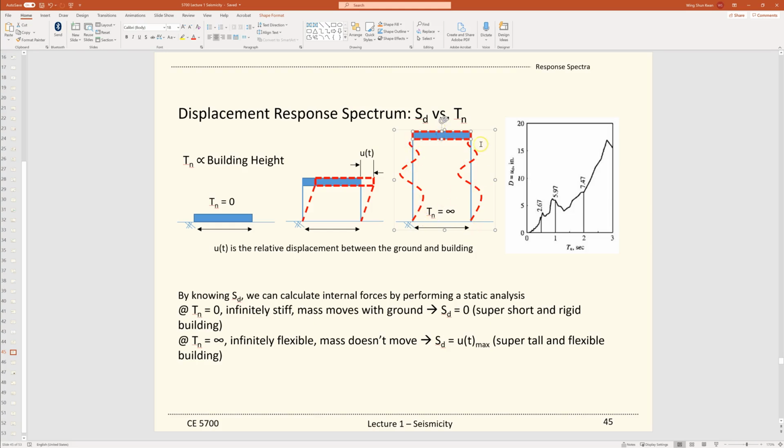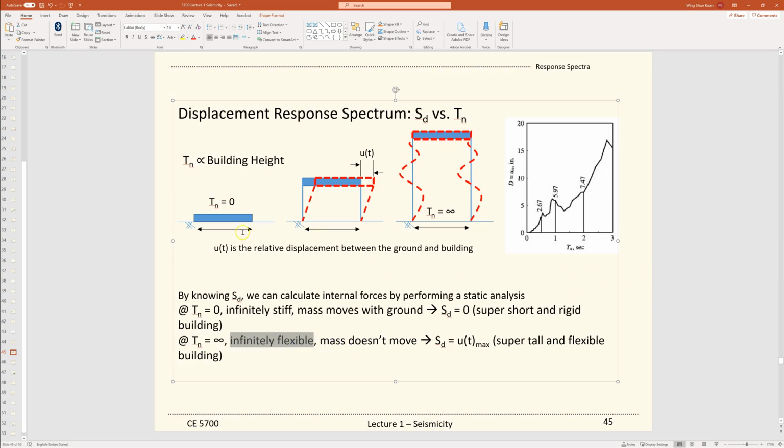Assume this is weightless. So the center of mass of this piece over here pretty much will not move at all. But the connections will keep on waving back and forth. The center of mass will not move. So when we have an infinite lateral period, which means the system is infinitely flexible, the mass will not move.